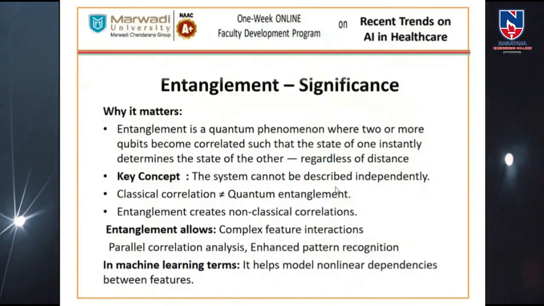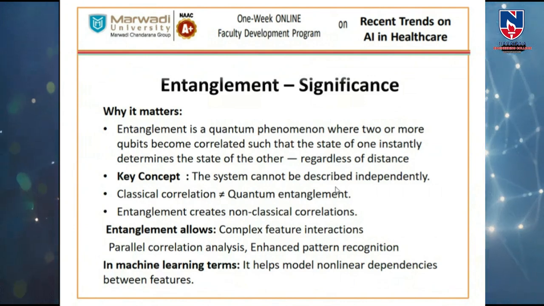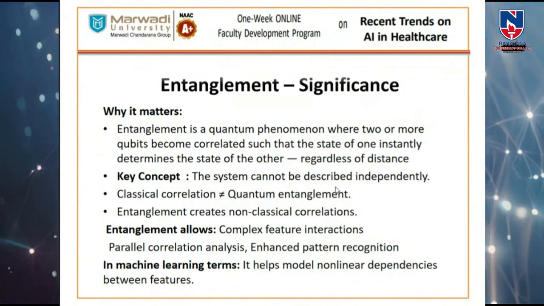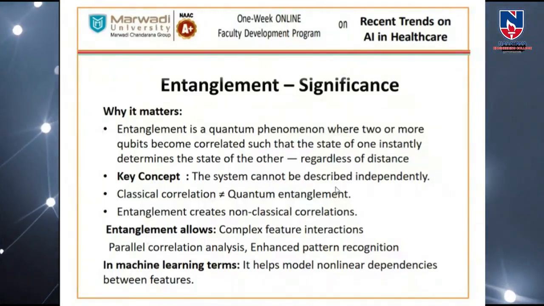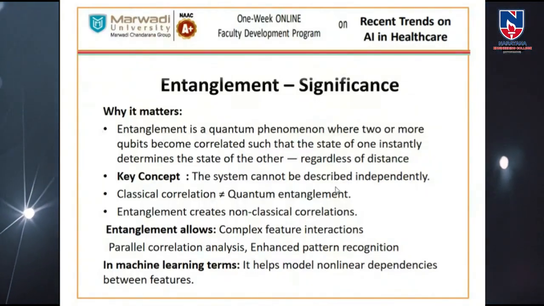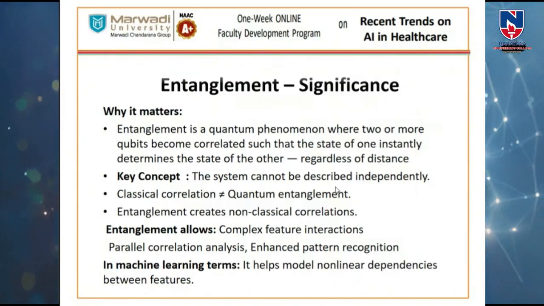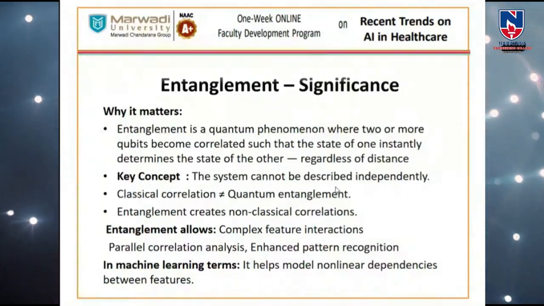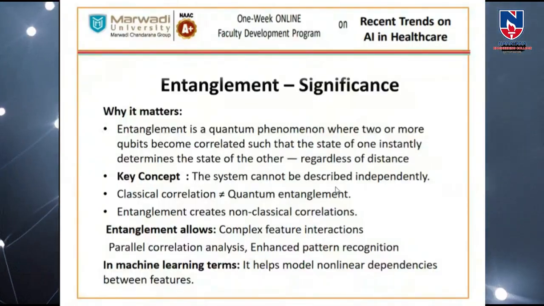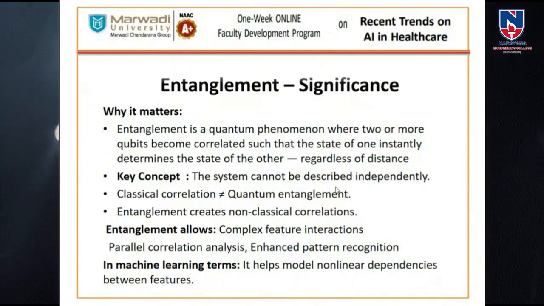It allows complex feature interactions, parallel correlation analysis, and enhanced pattern recognition, unlike normal classical computing. Of course, in terms of machine learning, it helps to model nonlinear dependencies between the features. That's why quantum computing enhances medical image analysis, right?